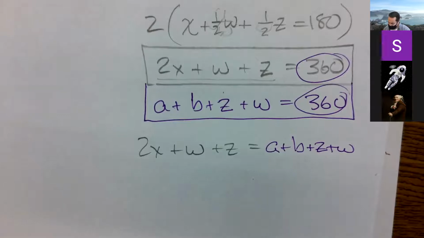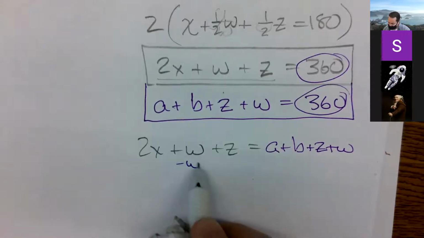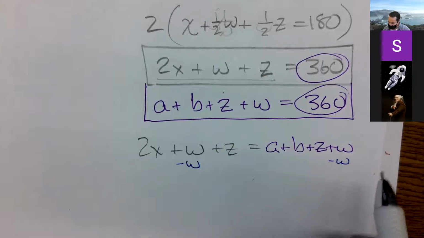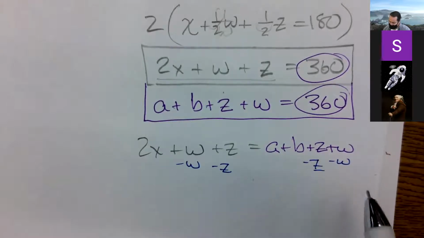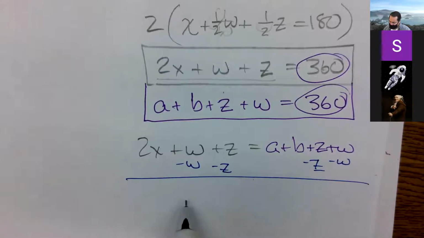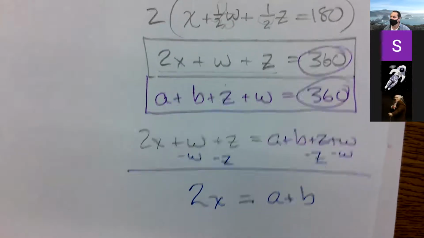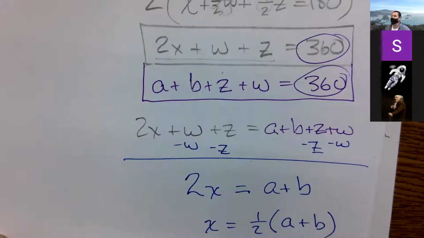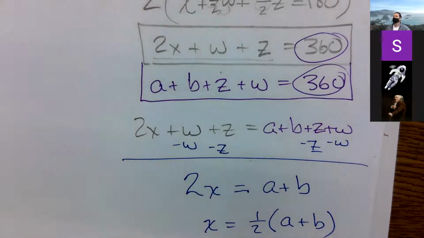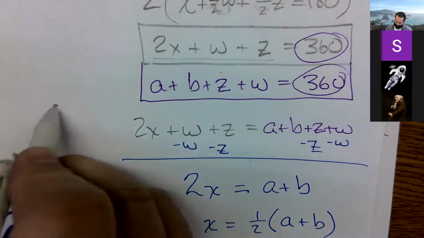And now I can see that I've got a W on this side and a W on this side and a Z on this side and a Z on this side. And so when I subtract those, I get 2X equals A plus B, or to solve for just X, I get 1/2 of A plus B. But what does that mean for us?